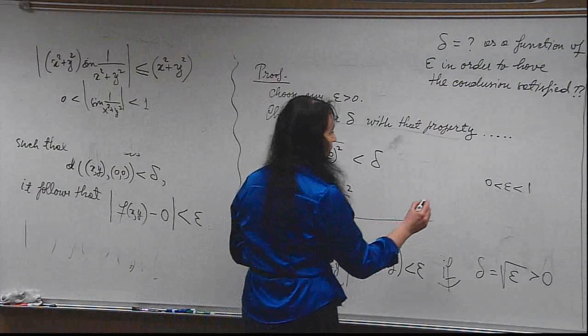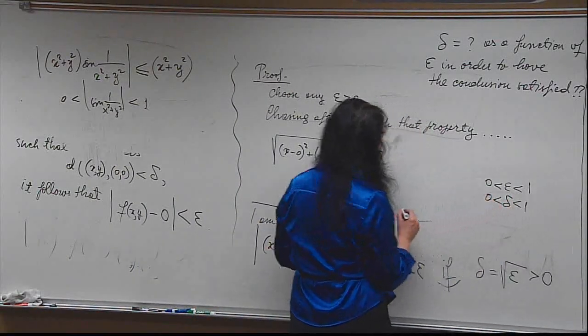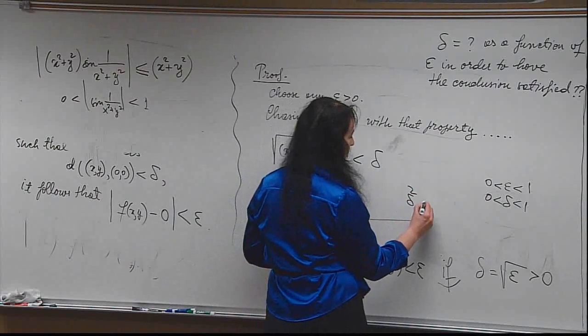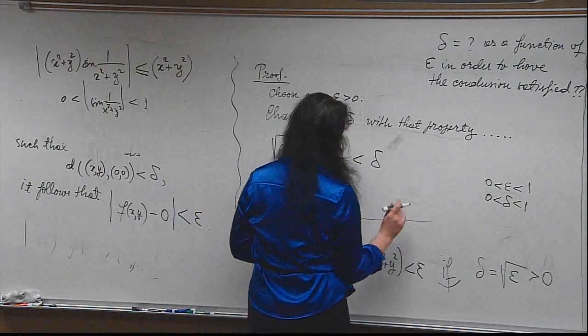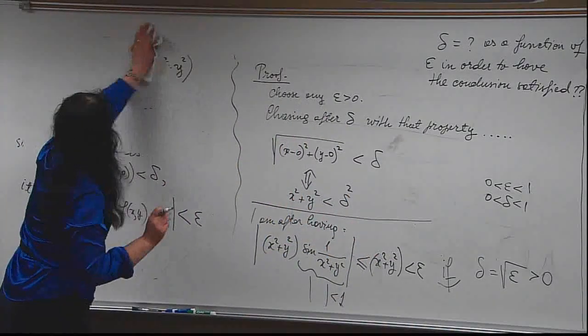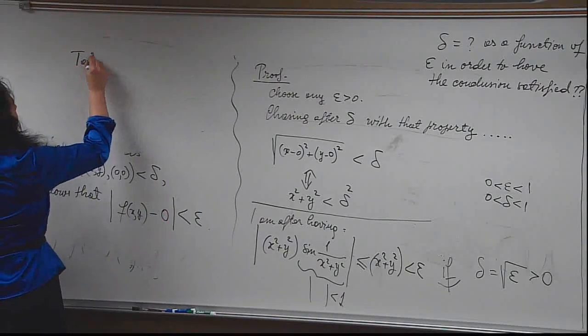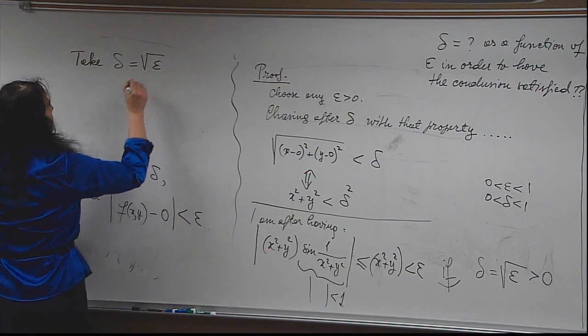So when both of them are small, take delta to be the square root of epsilon. Anything less than 1 and greater than 0, the square root will be greater than epsilon.